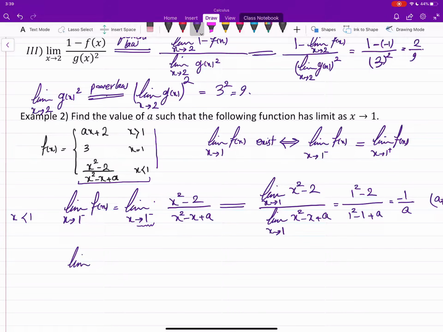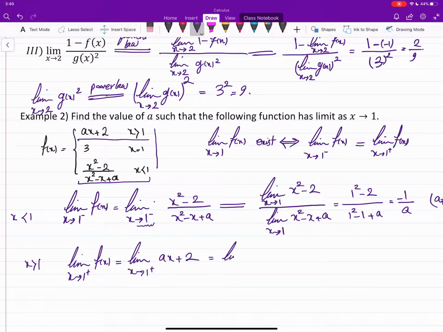How about the right limit? Well, this means that x approaches 1 from the right, or from values greater than 1. So we will have the limit of just this formula, the formula which is for values of x bigger than 1.